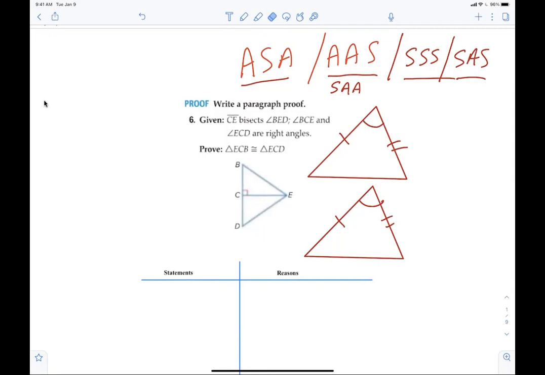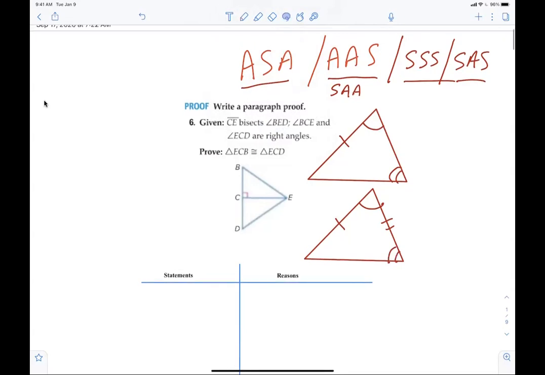Now, for whatever reason, angle, angle, side is a little bit trickier. But again, I don't understand it, but some kids have trouble. So this right here and this right here would now be an example of angle, angle, side. The 2 angles are congruent, and then the side.